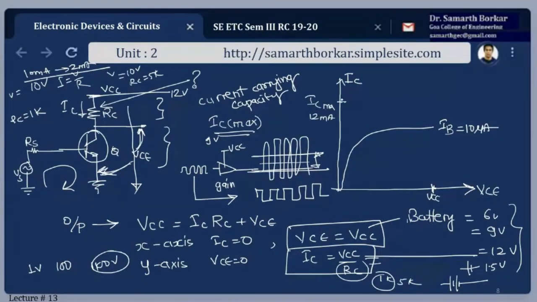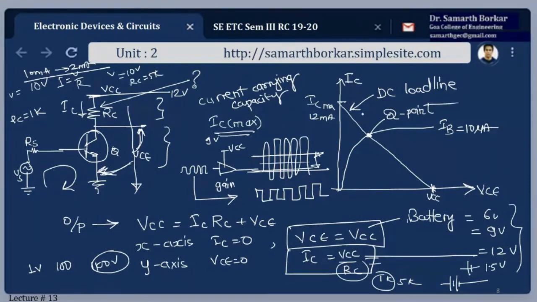When I join this, it is what is called as DC load line, and this intersection point is Q point. Followed.